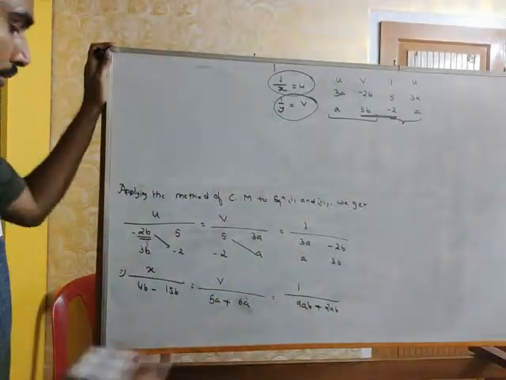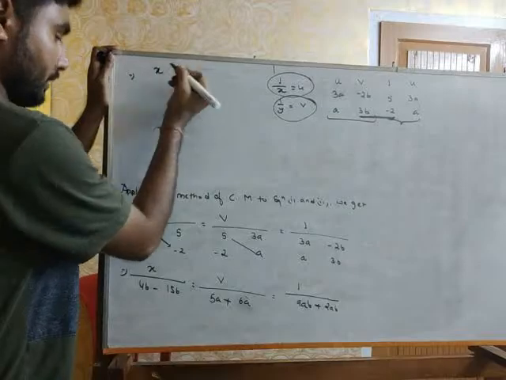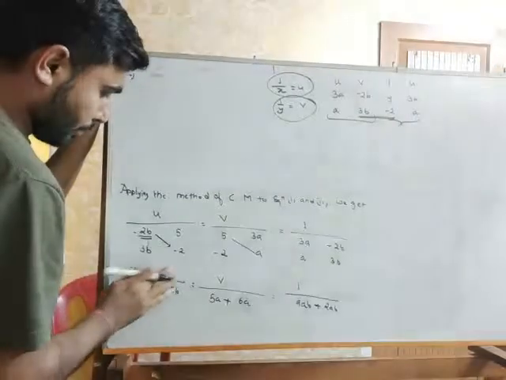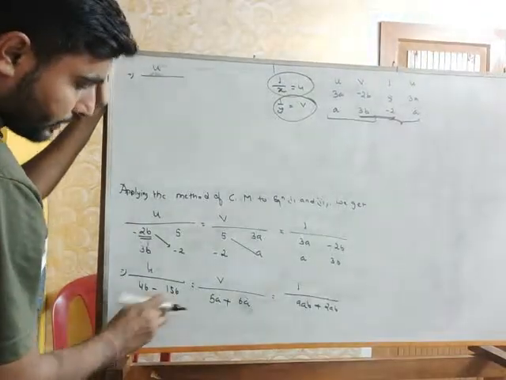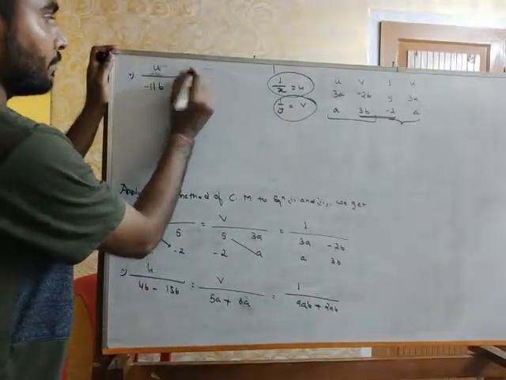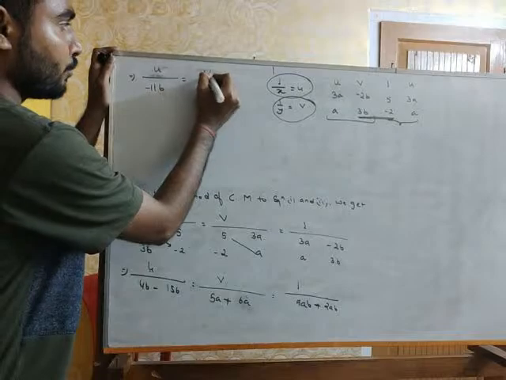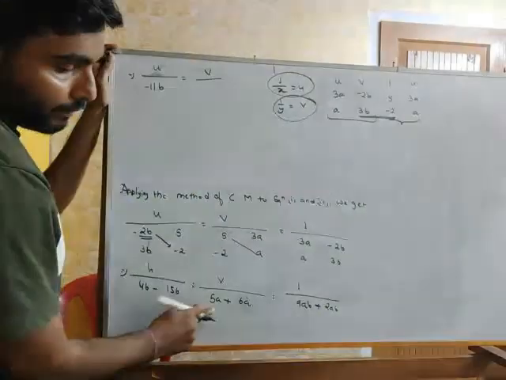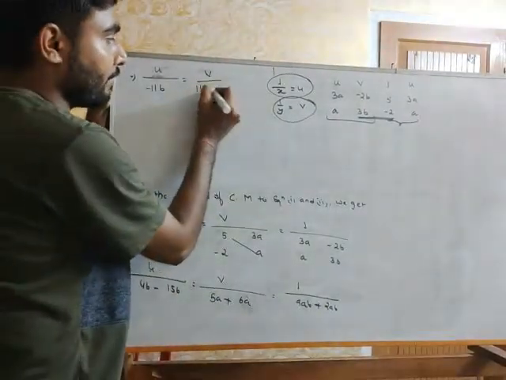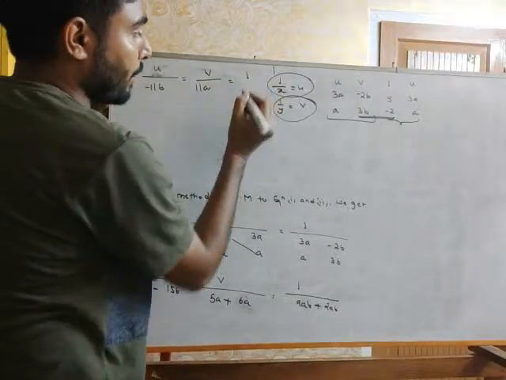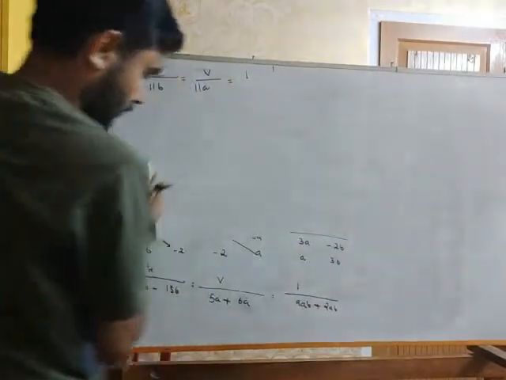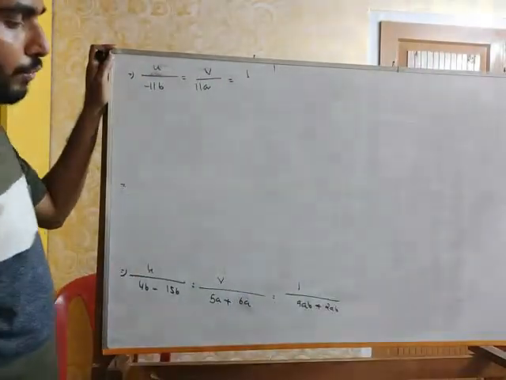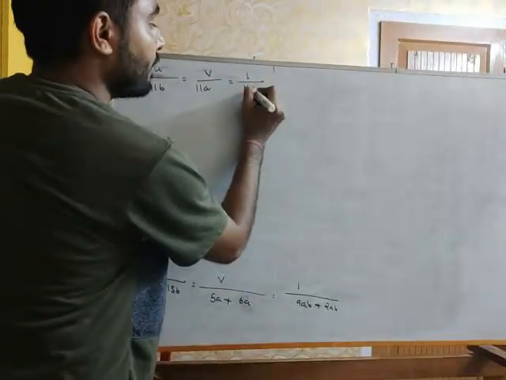Clear? So what will we get? We will get u by minus 11b, and here for v, plus 5a plus 6a will give you plus 11a, is equal to 1 by 11ab.